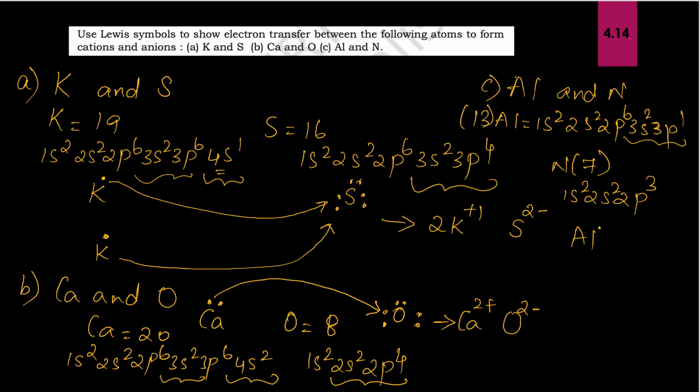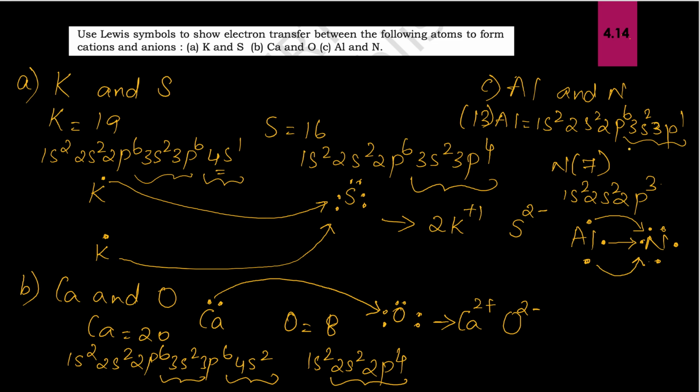So it will be Al with 3 dots. And nitrogen has 5 because it's 2s2 and 2p3, so it has to gain 3 more. So this electron will transfer, this electron will transfer and this electron will transfer.